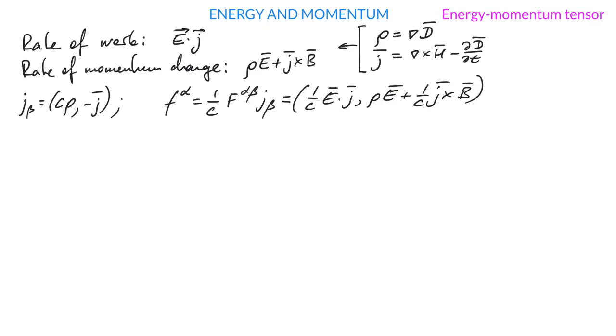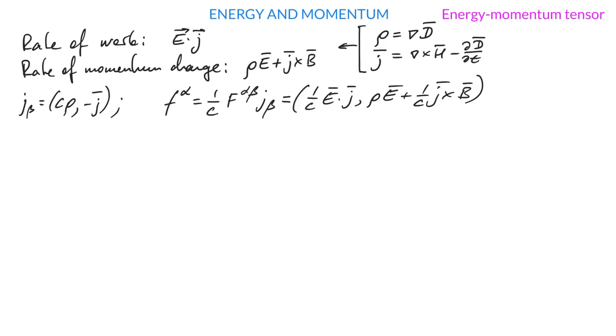Now, if we start with this 4-vector, we should be able to substitute for J beta through Maxwell's equations and relate F alpha to the quantities characterizing the electromagnetic field. That should give us the balance of both energy and momentum at the same time.